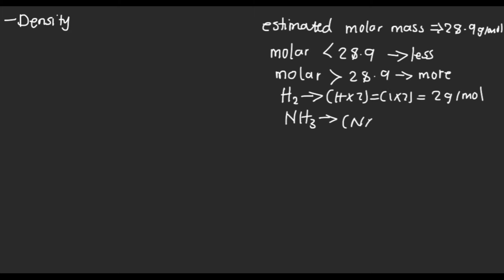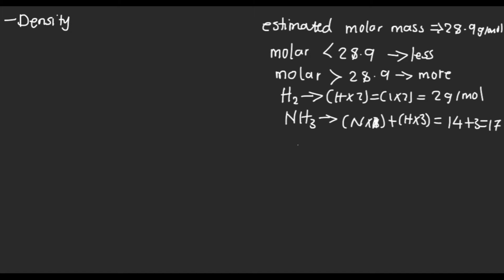It's nitrogen plus hydrogen times 3, so 14 plus 3 giving us 17. So ammonia is also less dense than air.